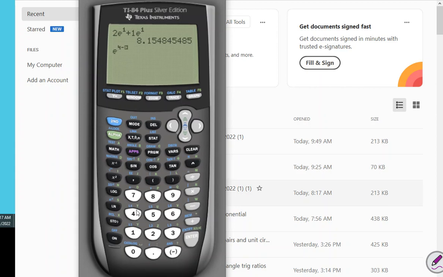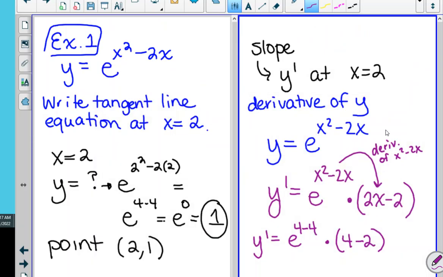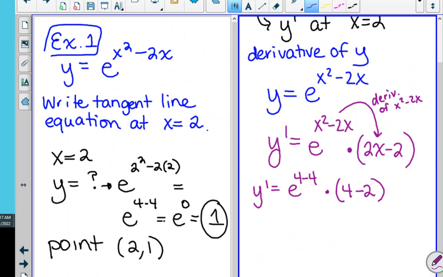So e to the 4 minus 4 or e to the 0 equal to 1. So e to the 0 times 2, or 1 times 2 is 2.